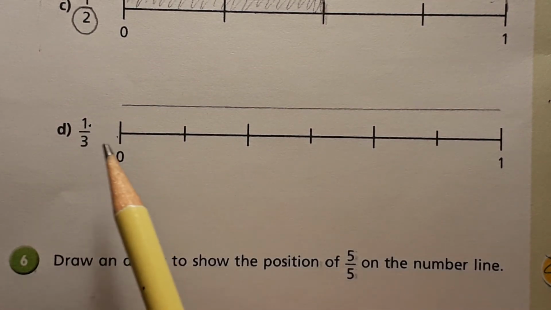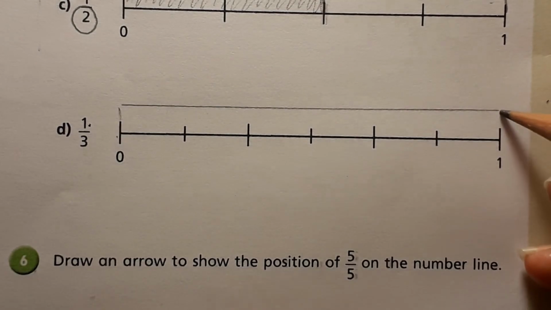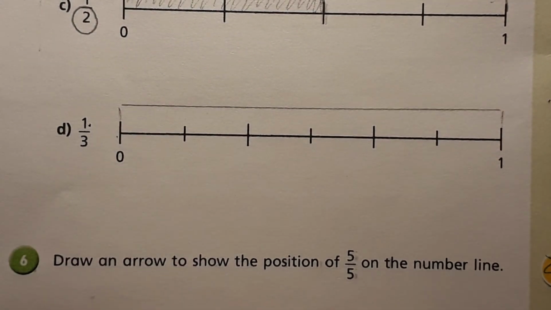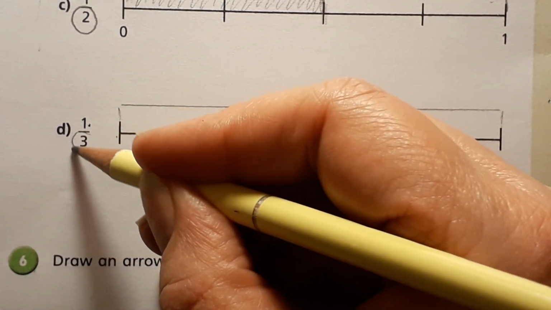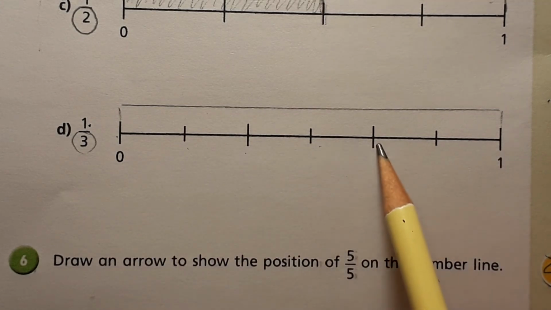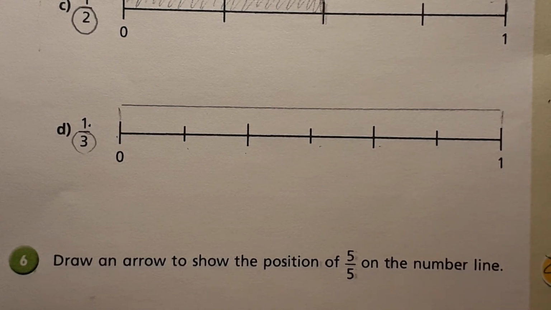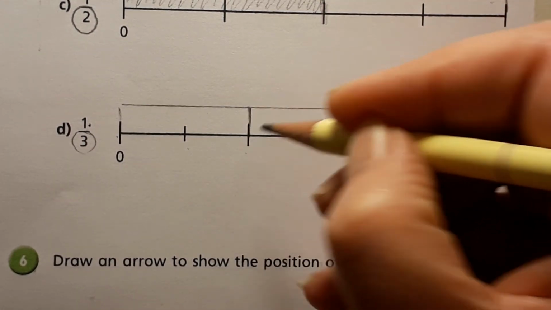And with D, pretty much the same thing again. Okay, so I've drawn a little line on the top of the number line because it makes it into a bit more of a bar model. And we know we need to find 1 third, actually divided into 1, 2, 3, 4, 5, 6 equal parts. Okay, so from those 6 equal parts, I'm going to make it into thirds.